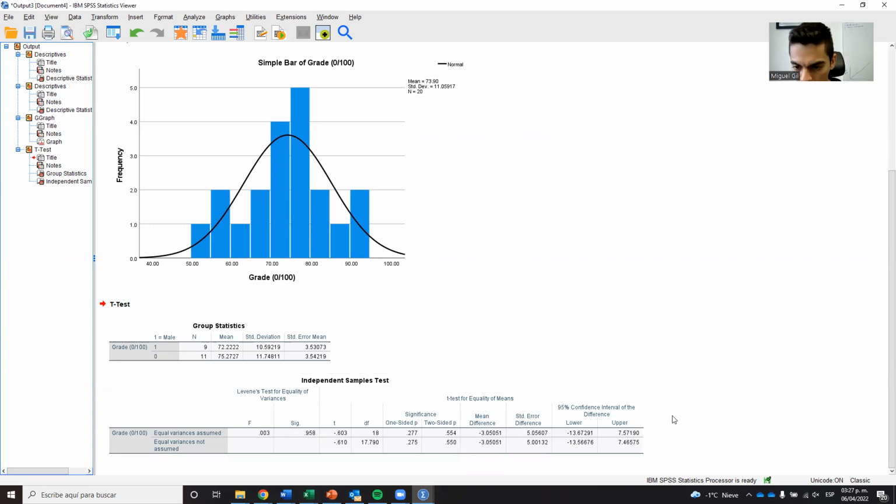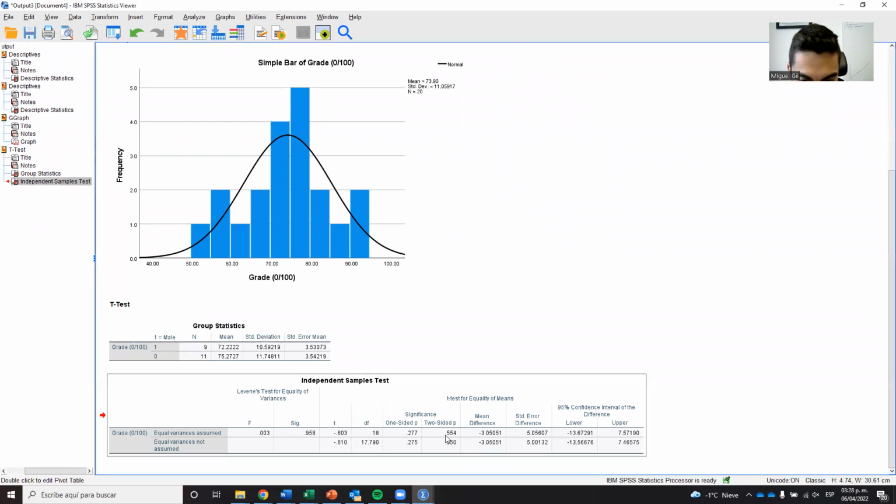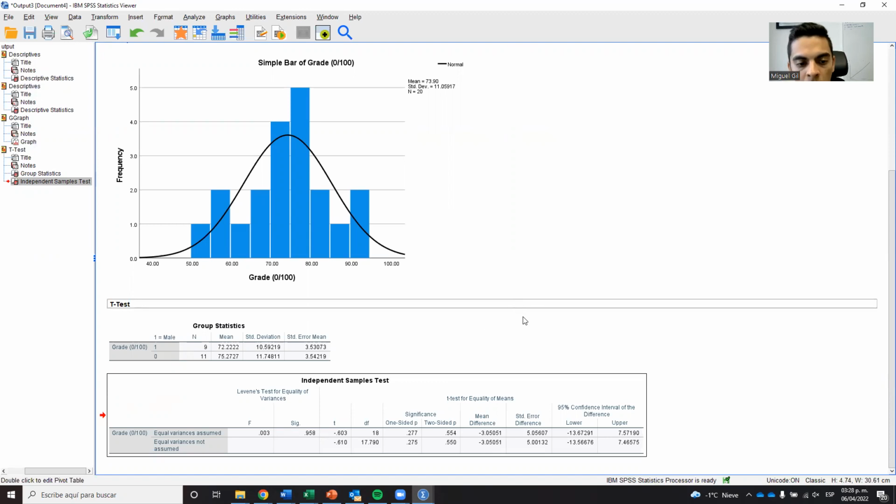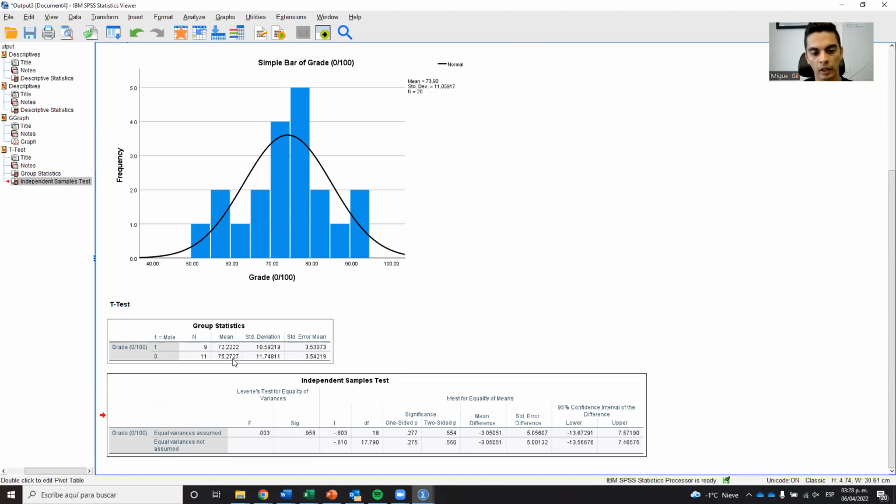And you can see here also, I think we talked a little bit about this in the lecture, that the confidence interval is super large. So that also gives you a hint. But the important thing is this is what really matters. If this is below 0.1, then you can assume that it is significant, but because it is not below 0.1, it is not significant. So you conclude that the t-test says that, well, that's kind of the main conclusion, that gender doesn't explain this, this difference in the mean of the grade is not significant.